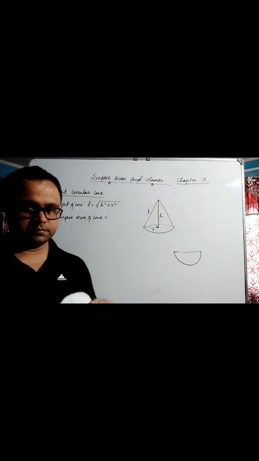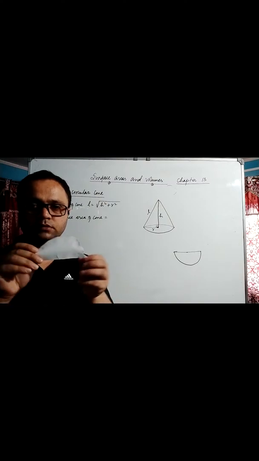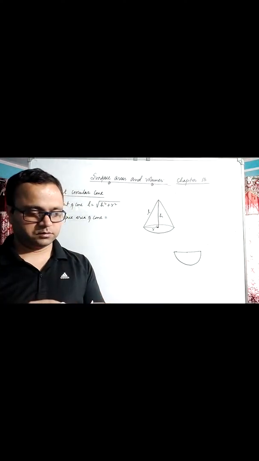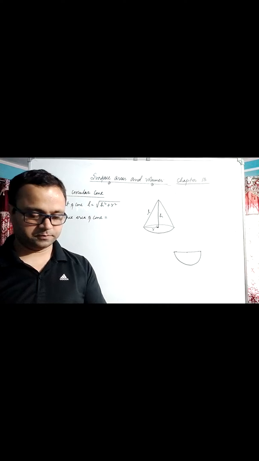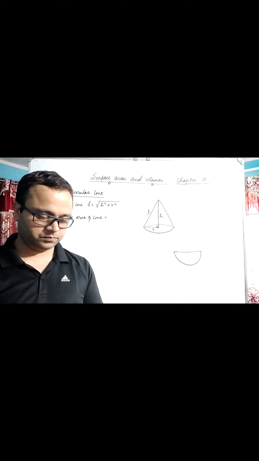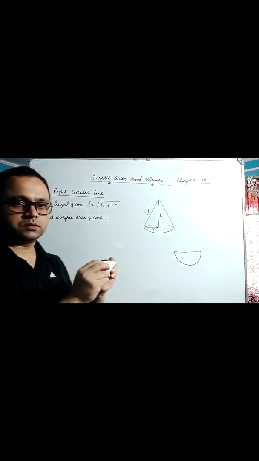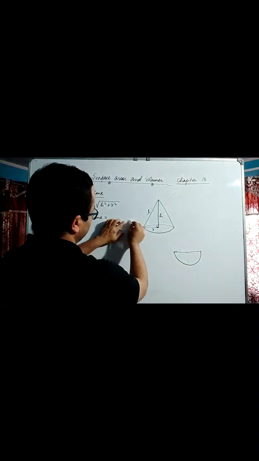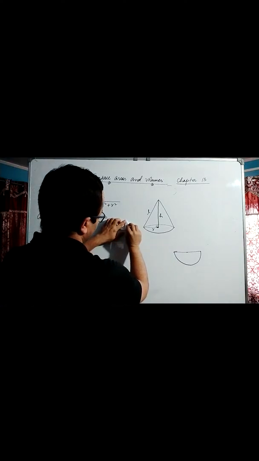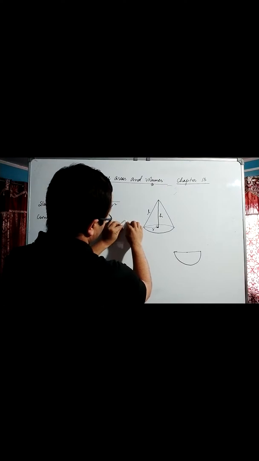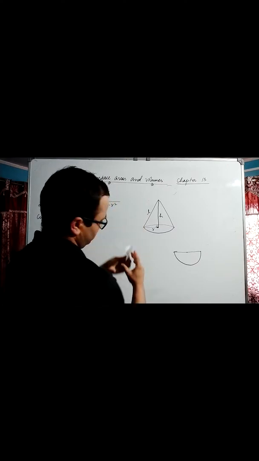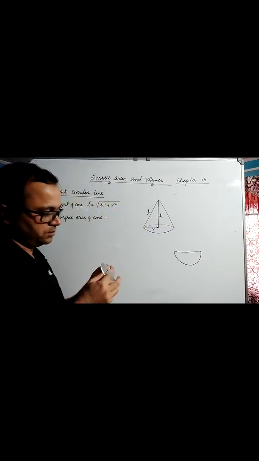Okay, it is a semicircle. Now it is folded from this side and this side, and the resulting solid will be the cone. Now this is the cone.